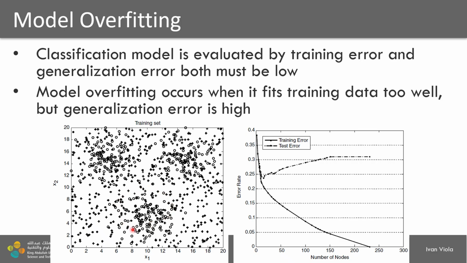And we can see that from the initial case when we started the training and generated the decision tree based on the positions within X1 and X2, the training error is becoming smaller and smaller with the size of the decision tree.